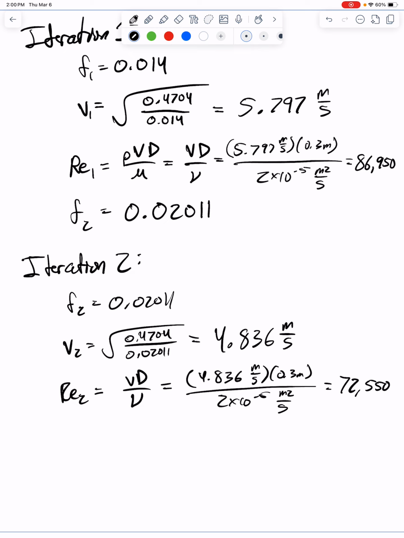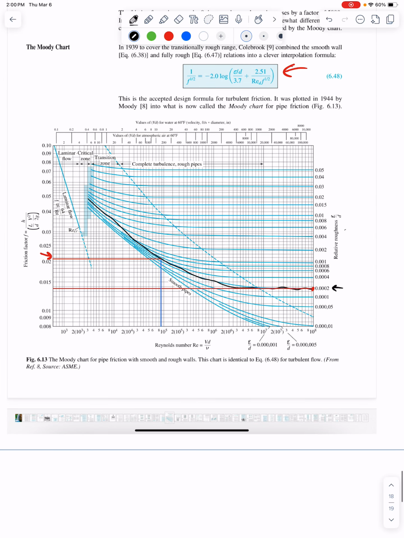So if I were to plot this, the new Reynolds number would be about, I think, here, maybe. You get a new friction factor. And essentially, as you see, now the difference between the gaps is much smaller.